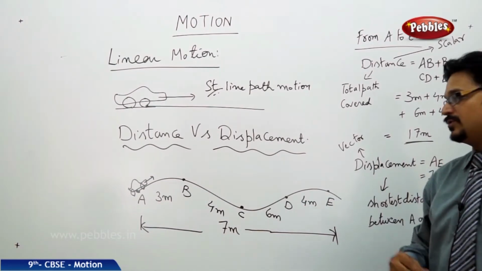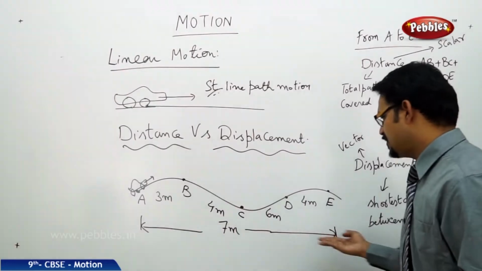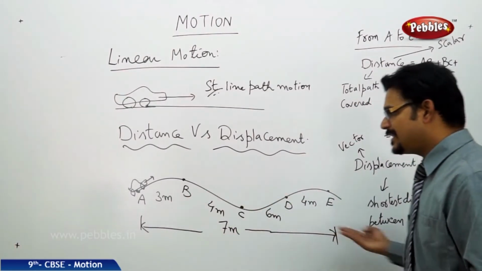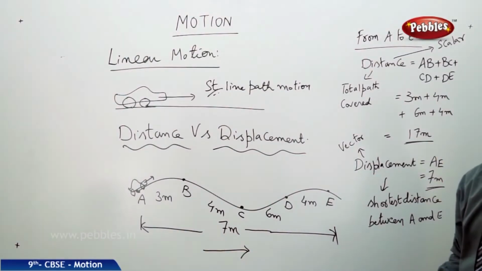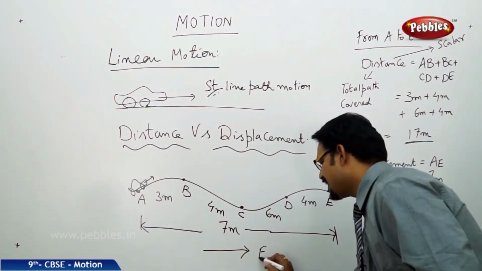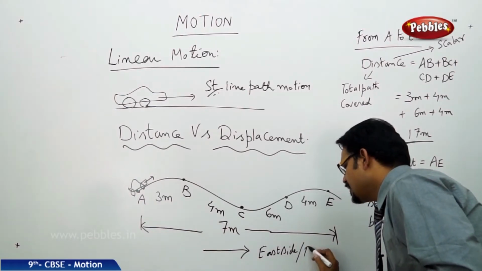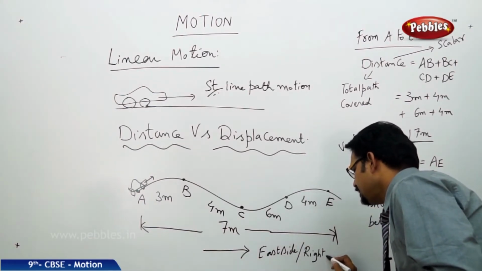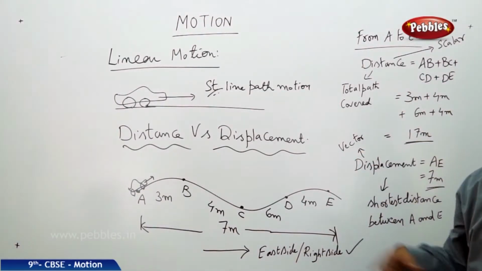So in this case, if you see the shortest distance A to E, you can understand that the car is moving towards E. That means towards the east side, or right side. So this is the direction of this displacement.